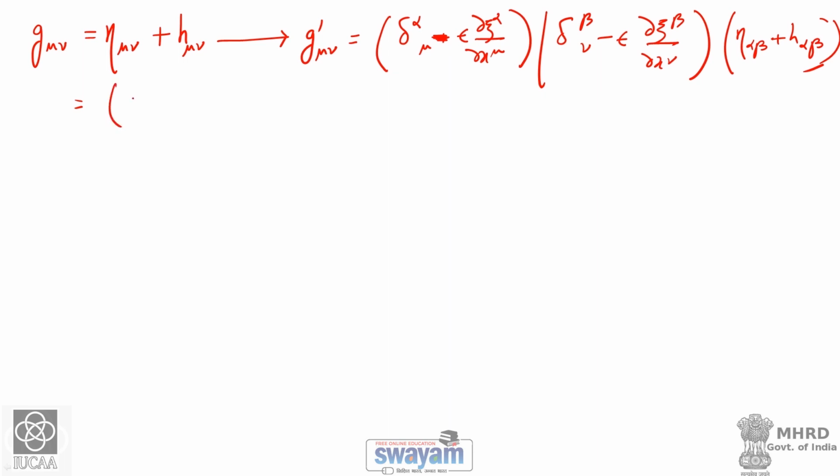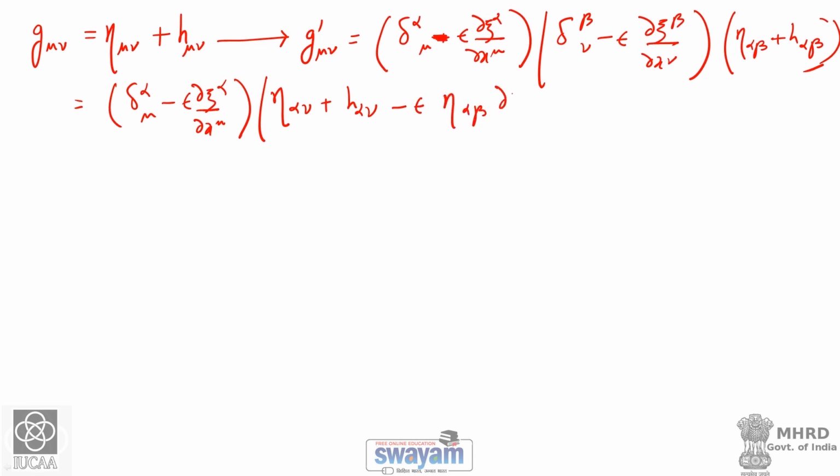So this object becomes, when I take this in, η_αν plus h_αν, and then this I have taken. When I hit this, epsilon and h_αβ will be quadratic in smallness, hence I will only take this into account. So I will get minus ε η_αβ ∂ξ^β/∂x^ν.